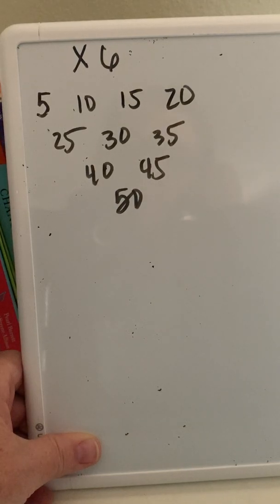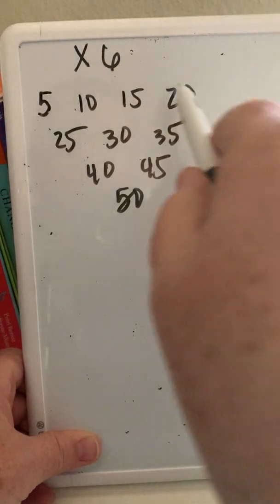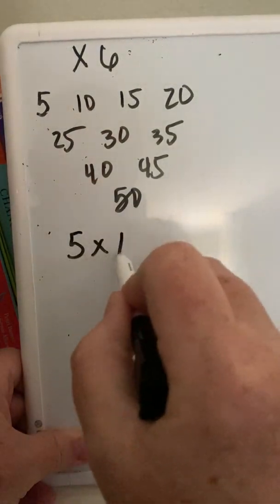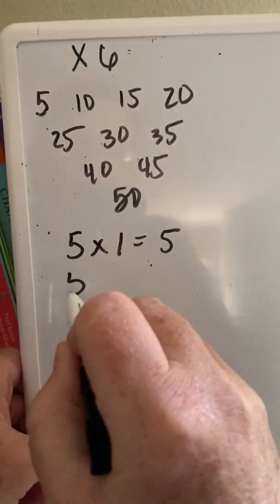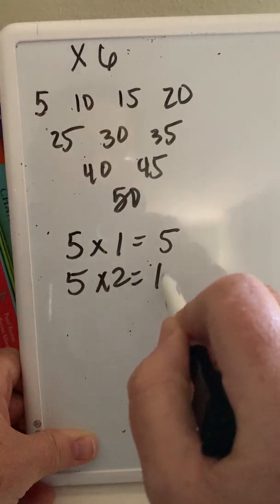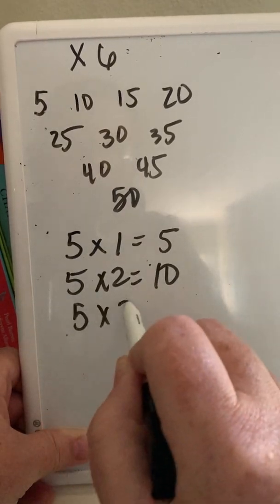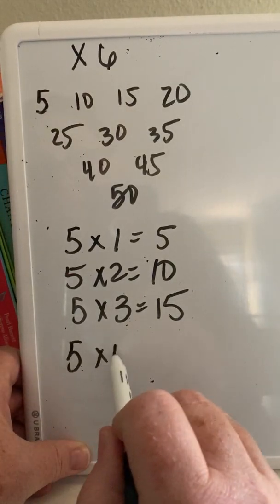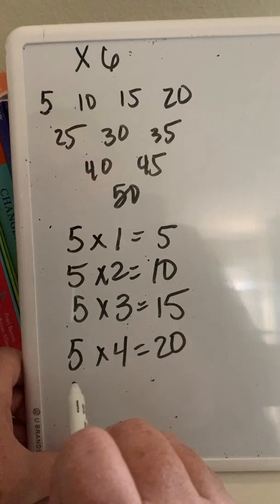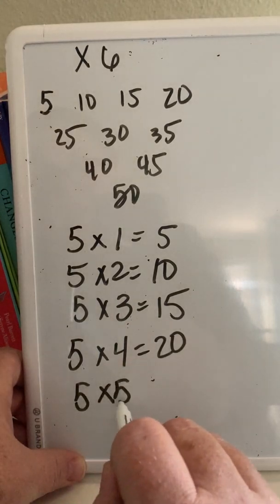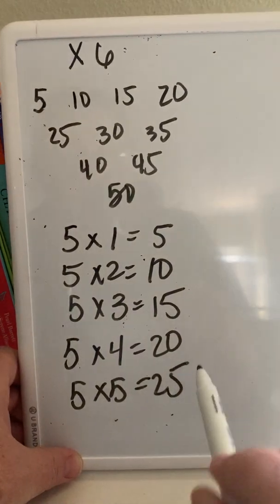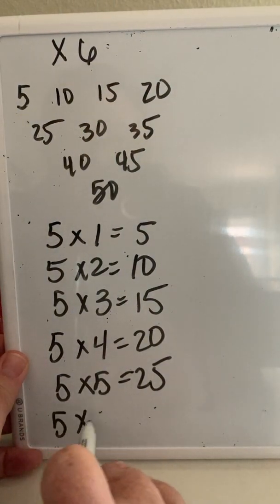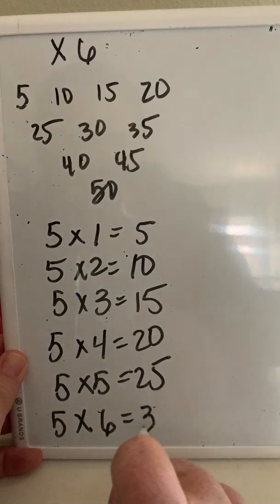Okay, so if you can picture this, let me write some of these down. 5 times 1 is 5, 5 times 2 is 10, 5 times 3, 15, 5 times 4, 20, 5 times 5, 25. Let me squeeze in one more: 5 times 6 is 30.